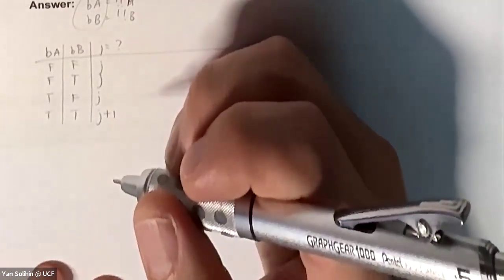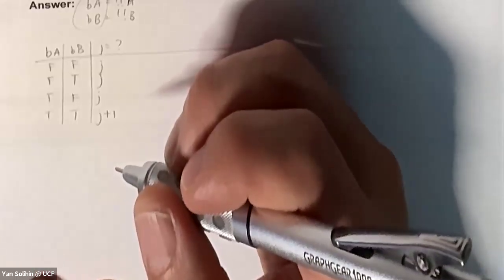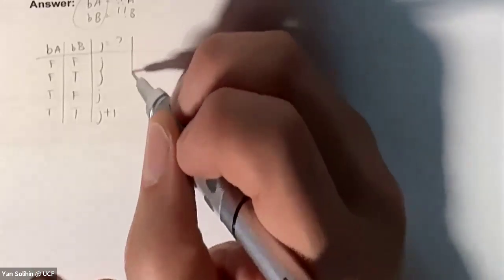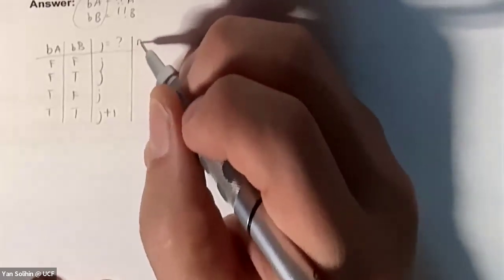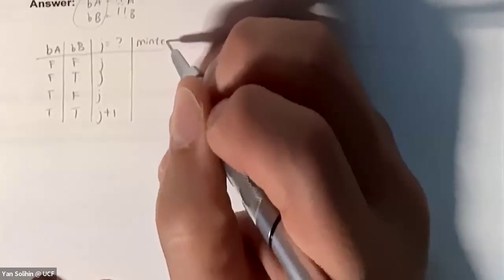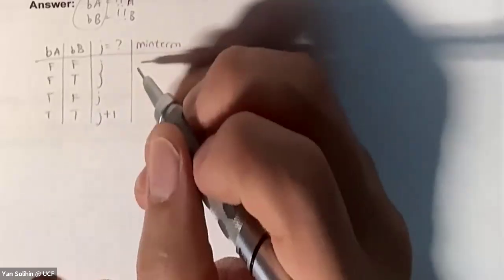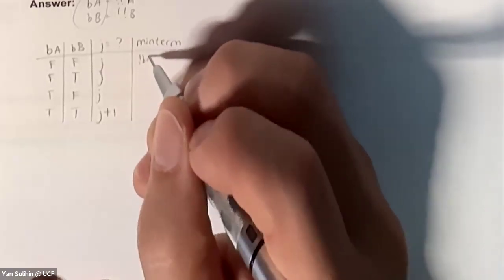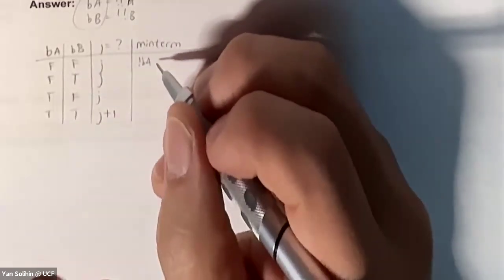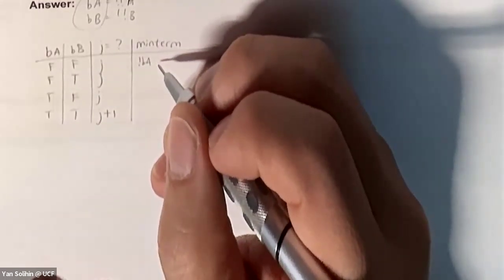And then next, instead of the regular multiplication term, we have a min term because we're dealing with Boolean algebra. So the min term is basically not BA, if you see a false, and not BB.